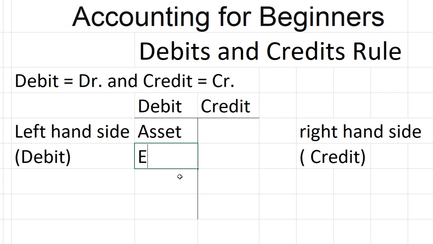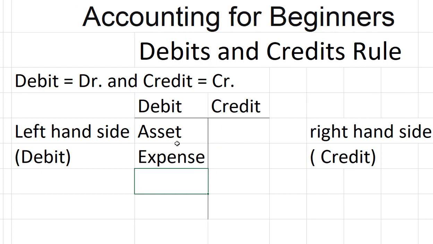Asset increases at the left hand side, or increases by debit side, and expense also increases at the left hand side, or debit side.